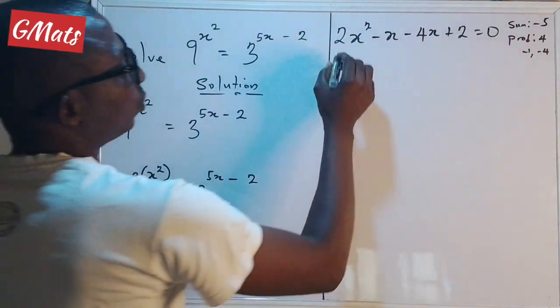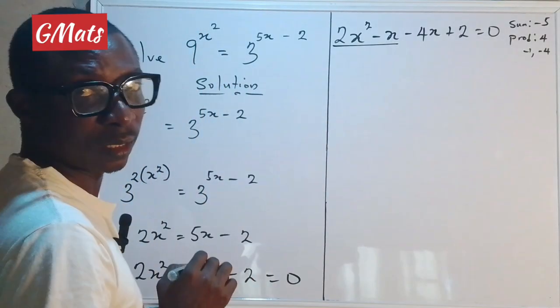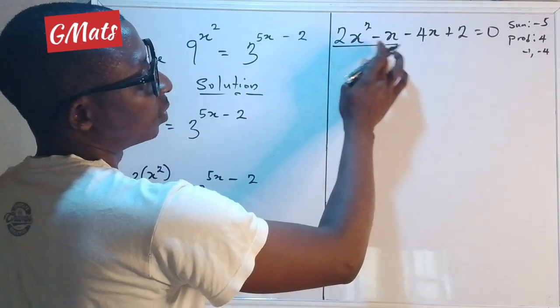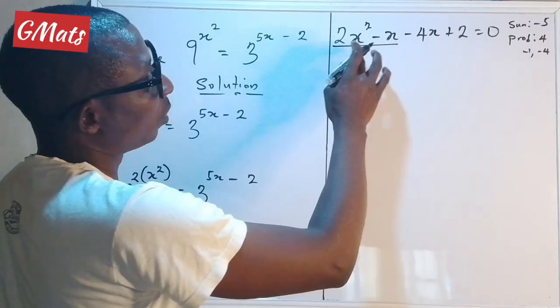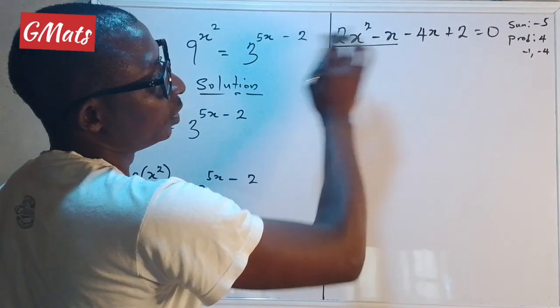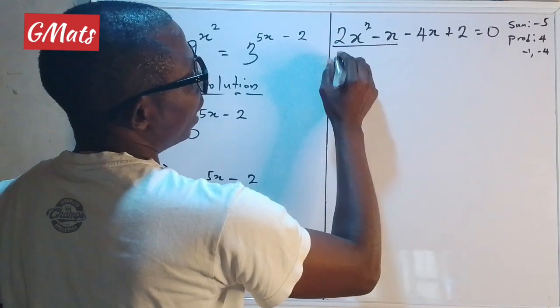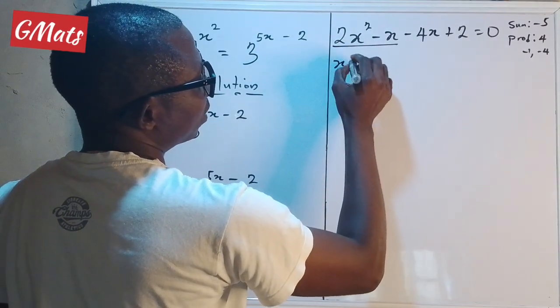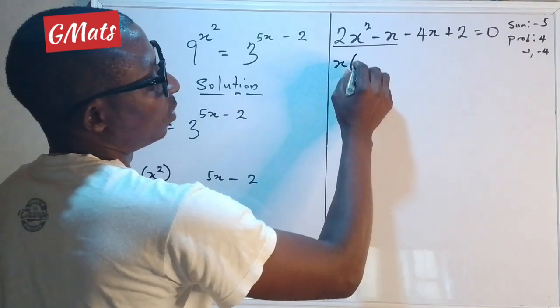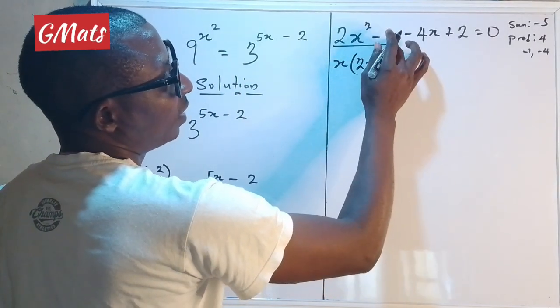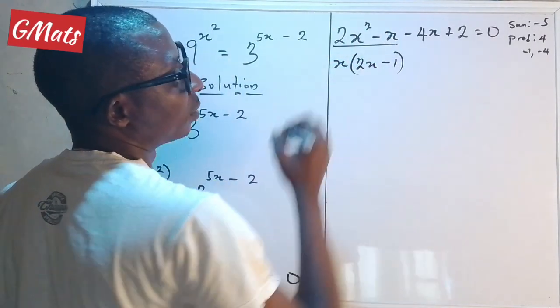Now you pick this pair and look for the common factor. A factor is a number that will completely go into each of the terms. What will go in is x. So the common factor here is x. When you divide this by x, you are left with 2x. Divide this by x, you have minus 1.